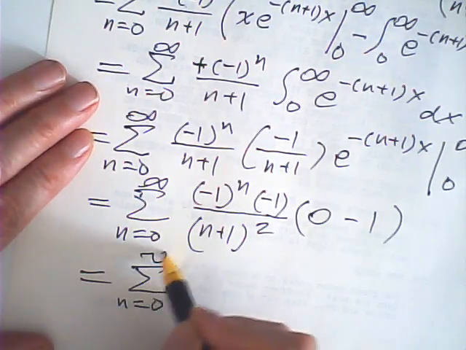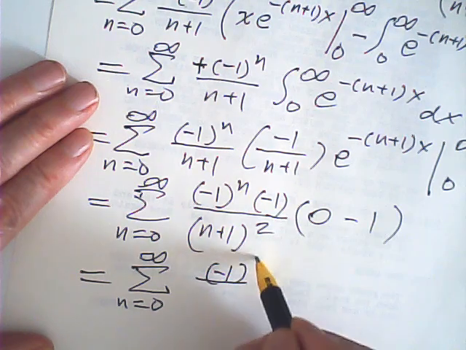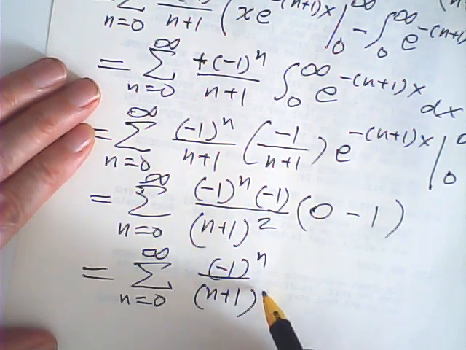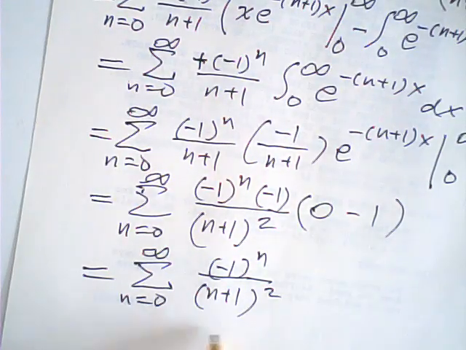So this one is the sum of negative 1 to the power of n over n plus 1 squared. Okay, what is this? Interesting.